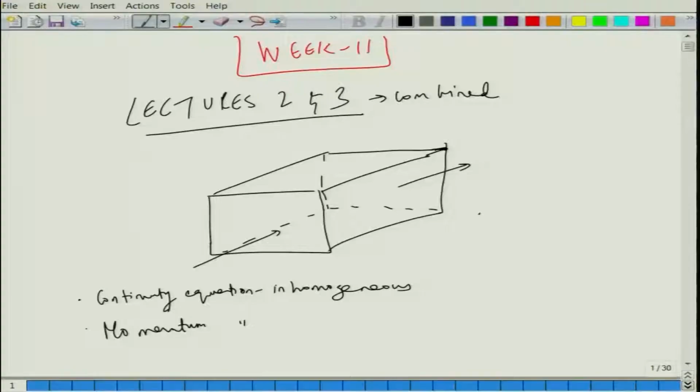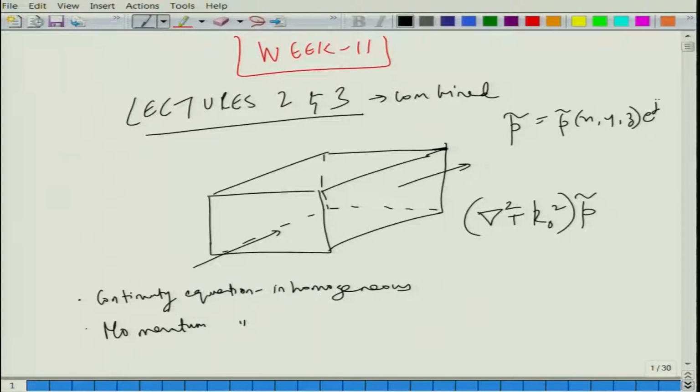So, the final form that we are looking at is del square plus k naught square operating upon p tilde, where p tilde is p function of x, y, z and e to the j omega t, equals minus j rho naught q and some Dirac delta function. So, this is for a point source.